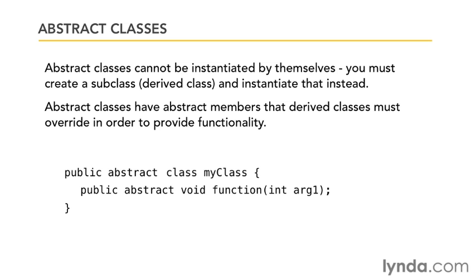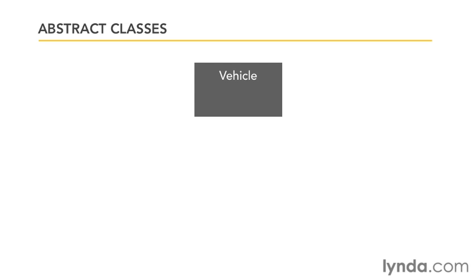So let's take a look at a real-world scenario where you would do something with abstract classes. Consider an example where you've got a car dealership or some kind of dealership where you sell different types of vehicles. Now, vehicles, depending on what they are, have unique characteristics, but some of them might be common among all different kinds of vehicles. For example, they might have properties like what kind of fuel that they use and what their licensing code number is, right?